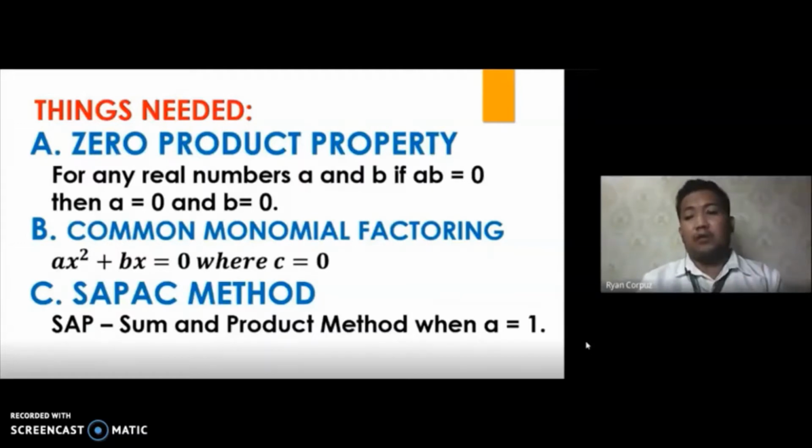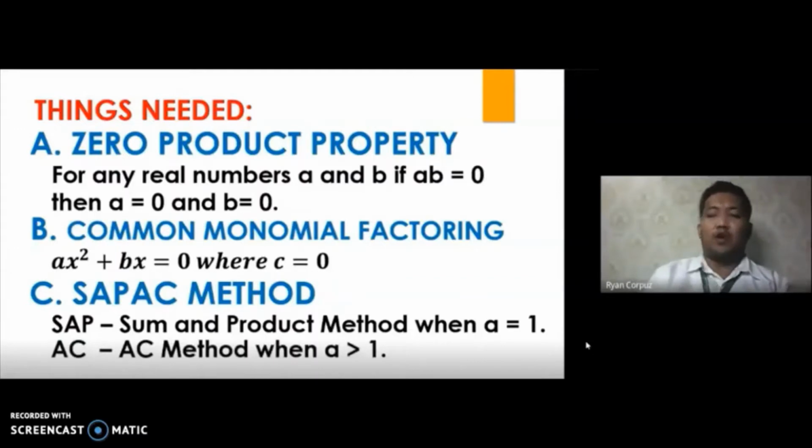The sum and product method is only used when the value of a in a given quadratic equation is equal to 1. But what if your a is greater than 1? That's the time that you are going to make use of the AC method. The AC method is used again when a is greater than 1.